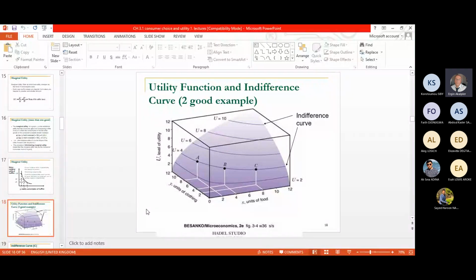U4 represents the same utility for A, B, and C on the indifference curve, where A, B, and C are on the same line. On U6 you again have similar utility along the same line but higher than U4, and U8 again on this curve has the same utility and is higher than U6 and U4. U10 represents the highest indifference curve and highest utility, and you are better off than with the other utilities given on the graph.